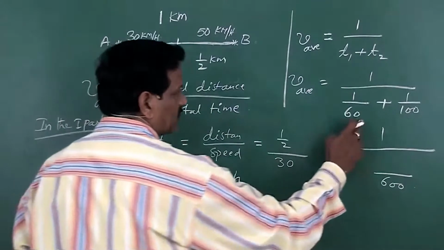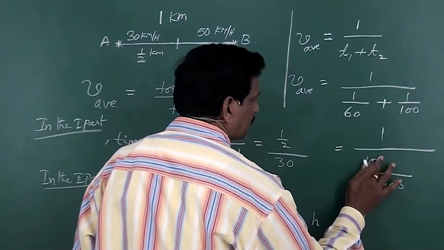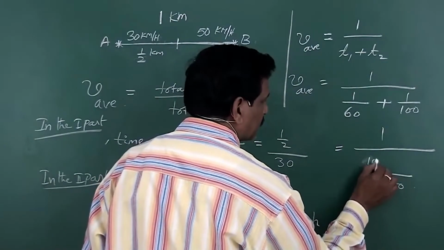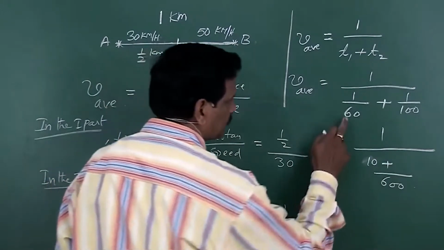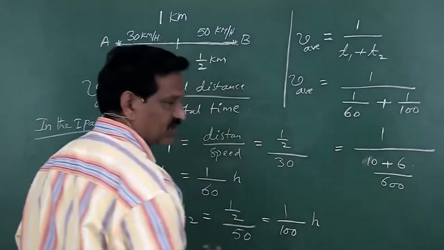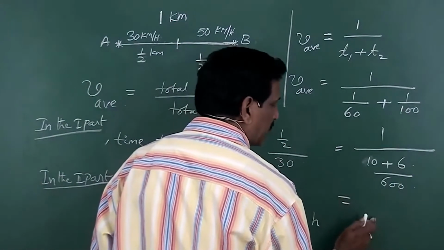So this is equal to 1 by, so here LCM is 600 for these two. Then this is 100, or you can write 60 into 10, 600, plus 100 into 6. So this 600 goes to numerator.